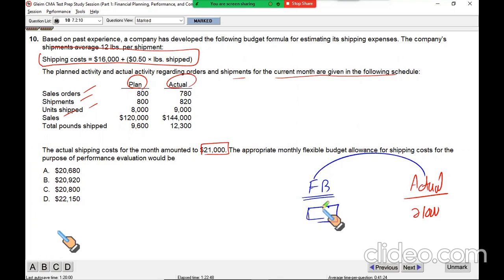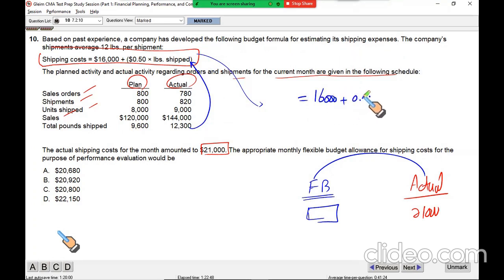Now, how do we calculate the flexible budget? For flexible budget, you should use this formula. How many pounds did you ship? Because as per this formula, you should input the actual pounds shipped. Actual pounds shipped during the month were 12,300, which means if we apply this number in the above formula, 16,000 is a fixed cost that we should pay.